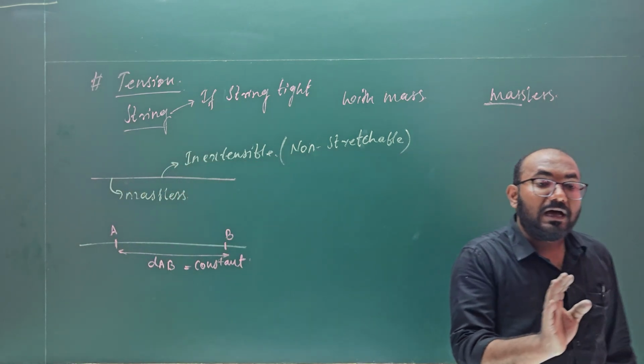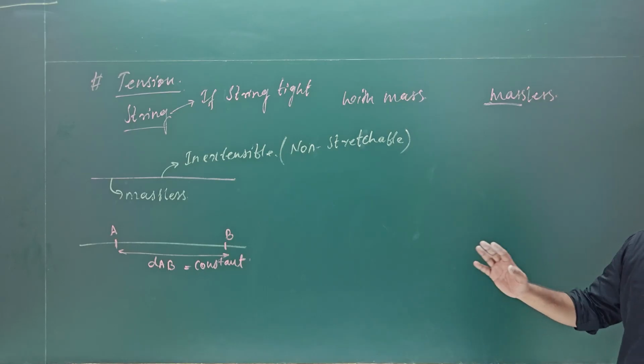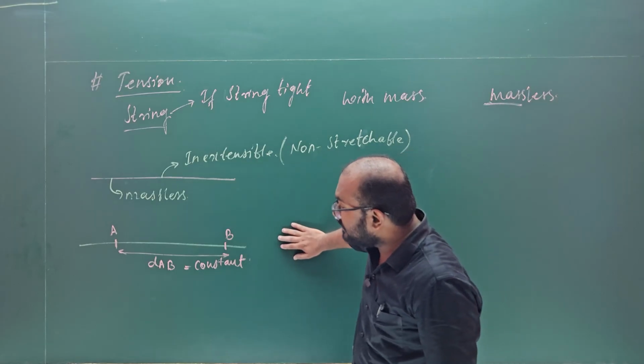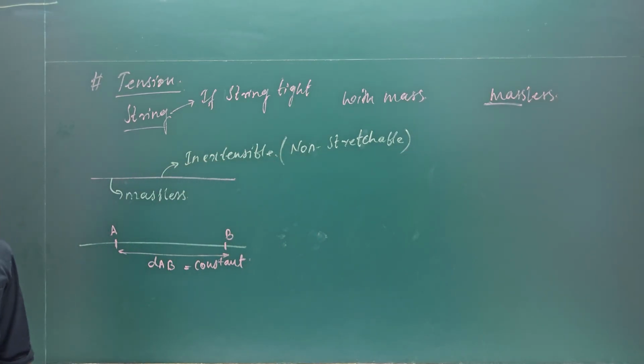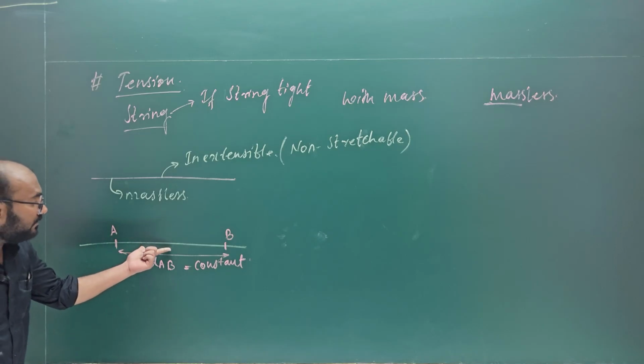So the distance is unchanged. We are discussing this for the massless string. In a massless string, it is non-stretchable, massless, but breakable. उसके भी questions आएंगे breakable के. But what we are discussing is that if I mark two points on the string, then the distance between these two is unchanged.